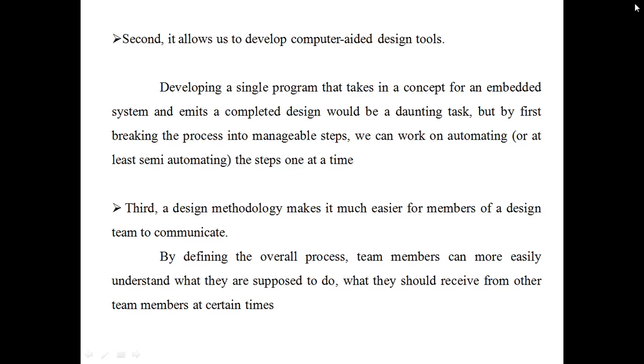Those things should be understood by a third person too, because if you create a system with high complexity, it won't be affordable for any kind of device. The device should be of less complexity and easily understandable for team communication. The third person also has to understand what you designed. Those are the three main reasons we go for a design methodology.